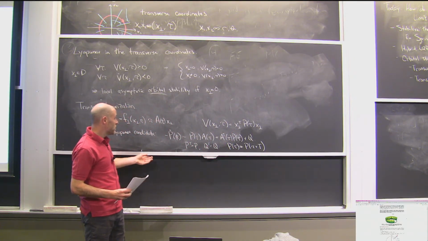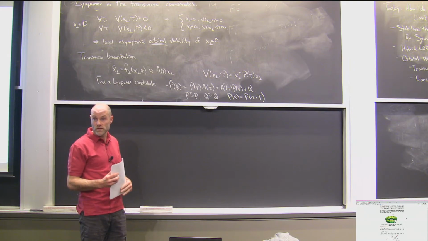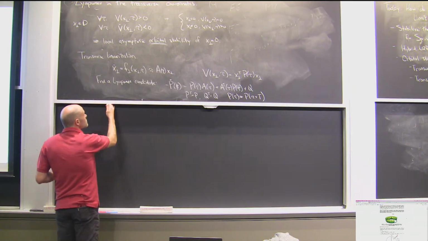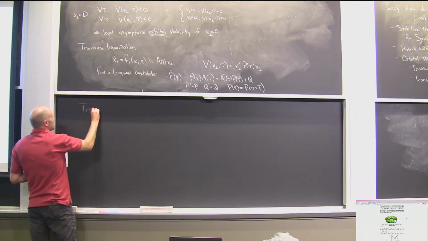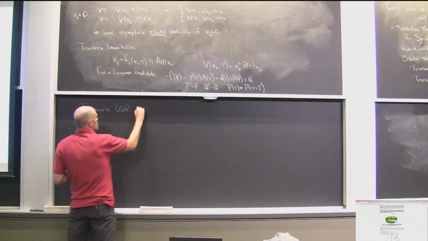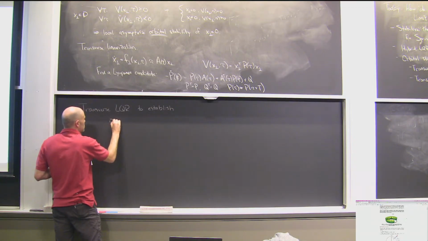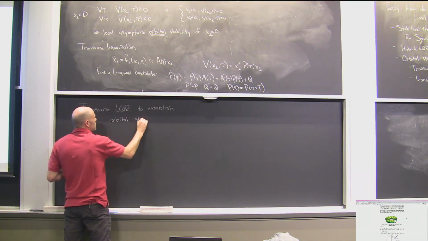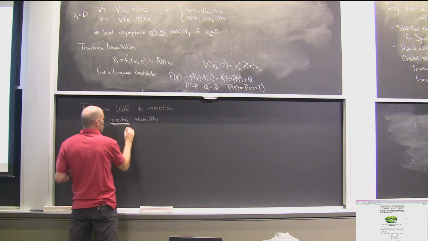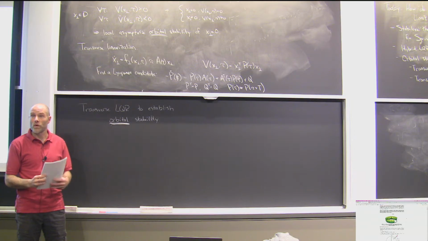Okay, and guess what? You can do the same thing for LQR, right? You can do LQR in the transverse coordinates to establish orbital stability. So what does it mean?